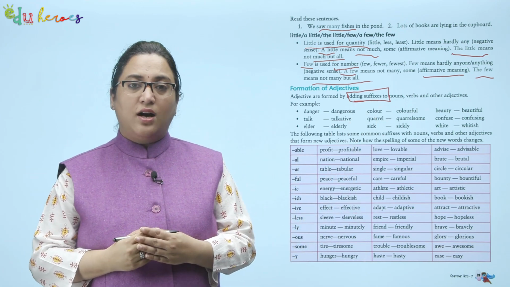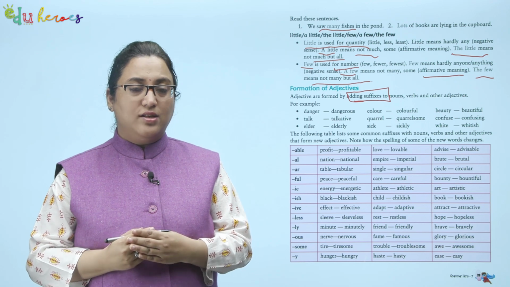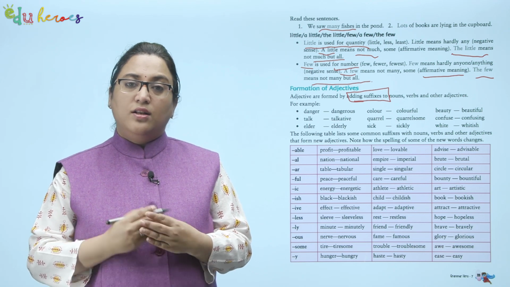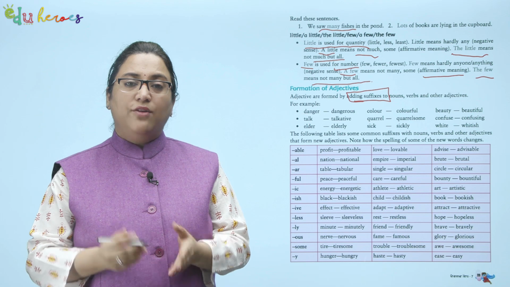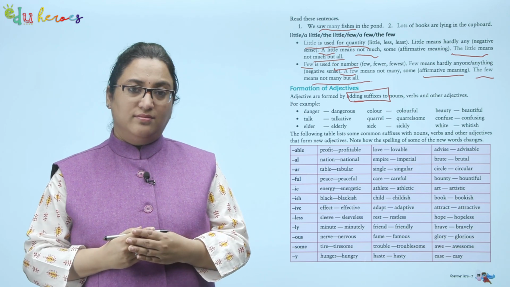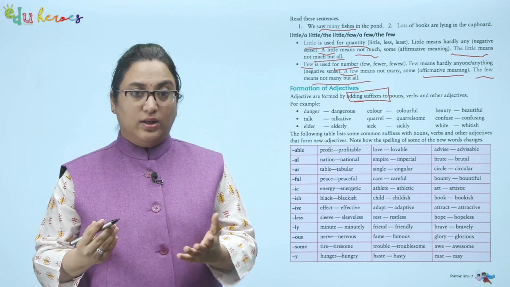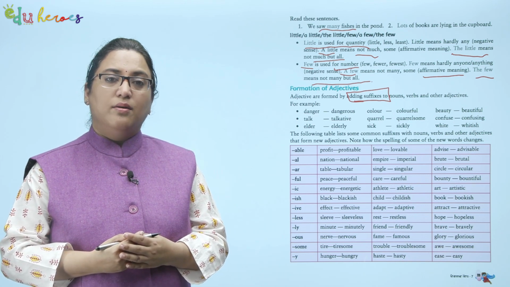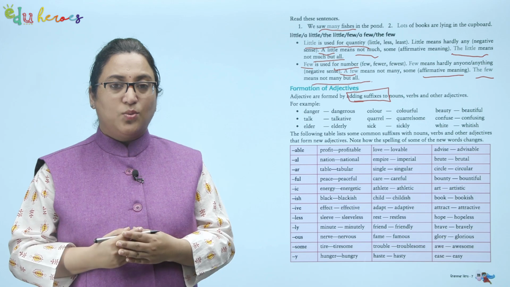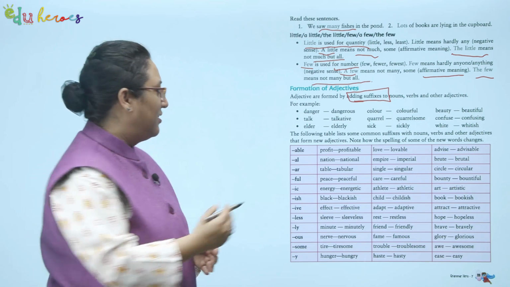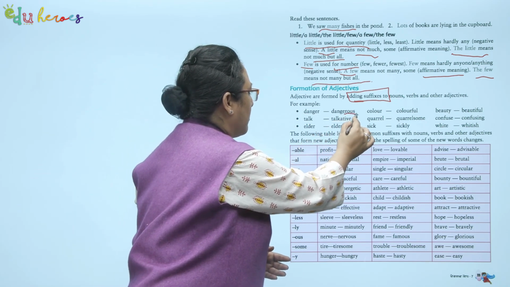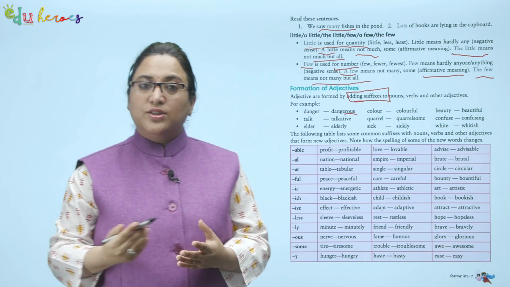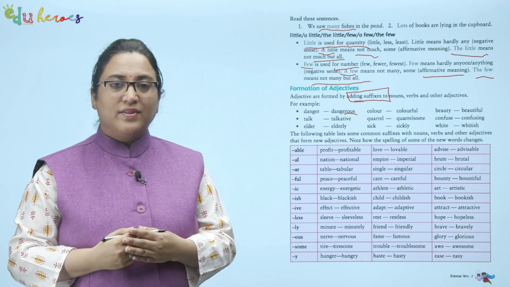Yes, suffixes are just a string of letters or a set of letters put after the root word, which helps to make new words. For example, danger makes dangerous. So what is the suffix here? OUS.